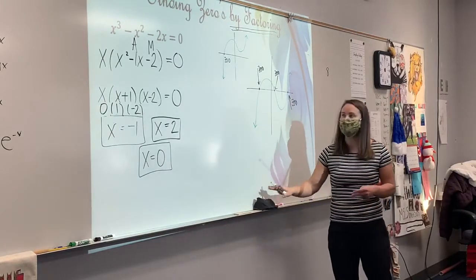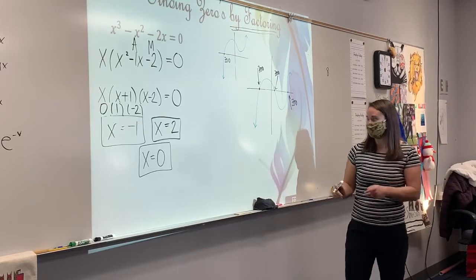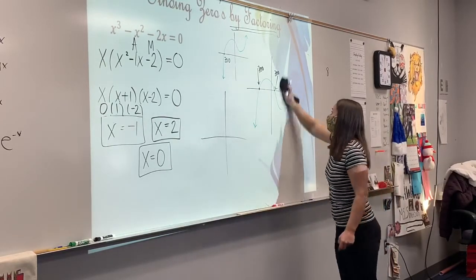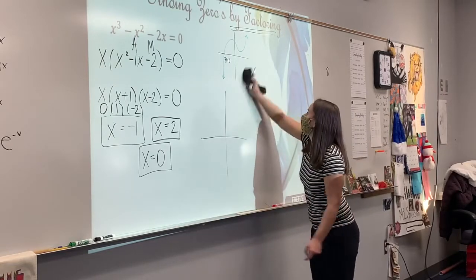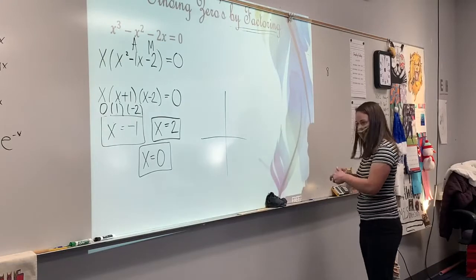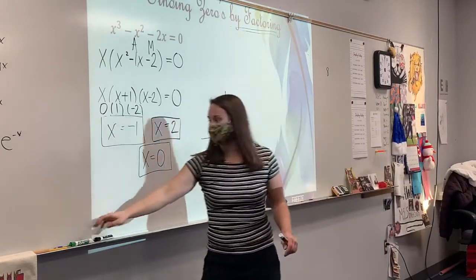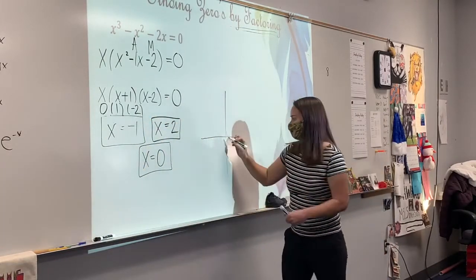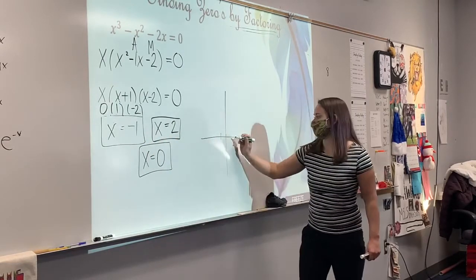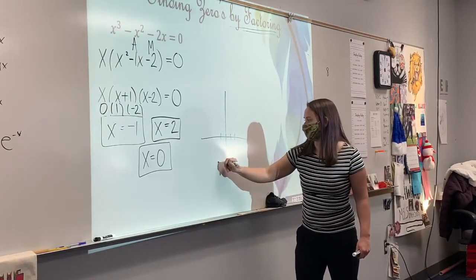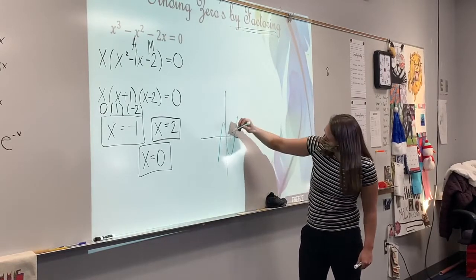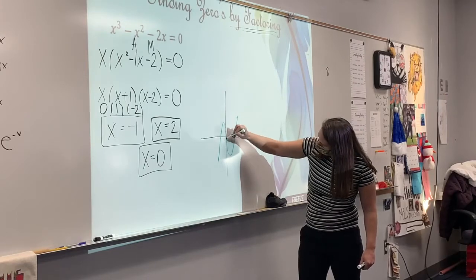And those 3 answers represent 2 things. First of all, they represent what our graph looks like. We know that we are going through minus 1, 0, and 2. Pretend like I actually went through that.